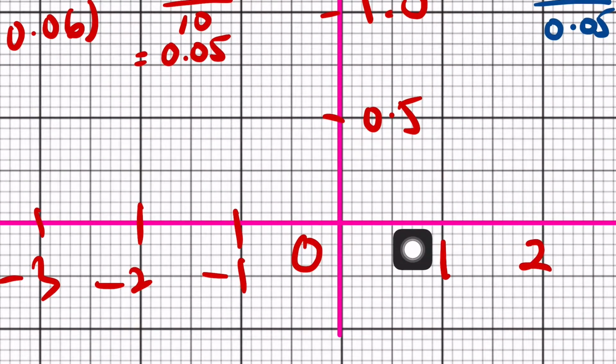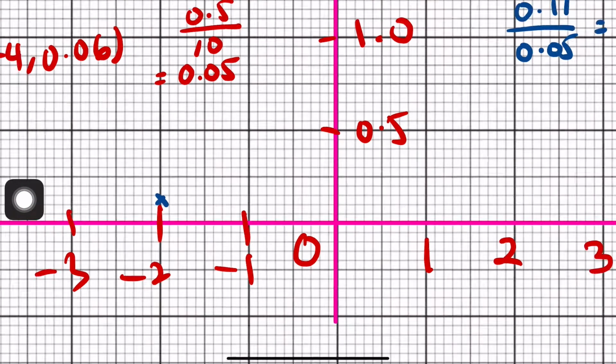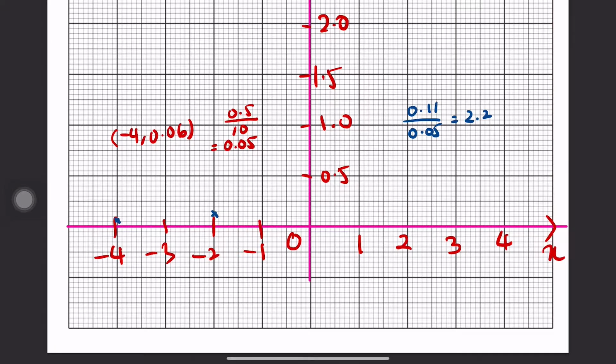For example, 1 2, this is 0.1 already, so 0.11 is just a little up here. Next is negative 2, 0.25. Sorry, wrong area, here. Negative 2, 0.25, so around here.